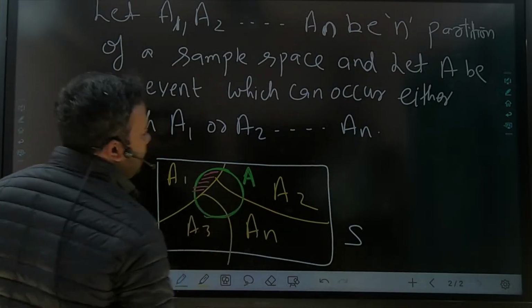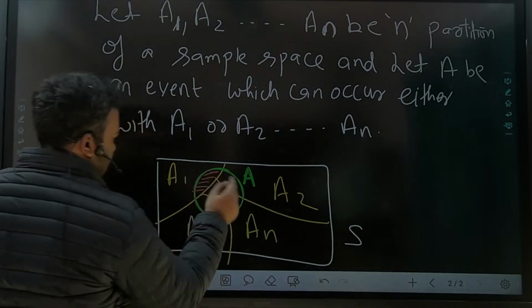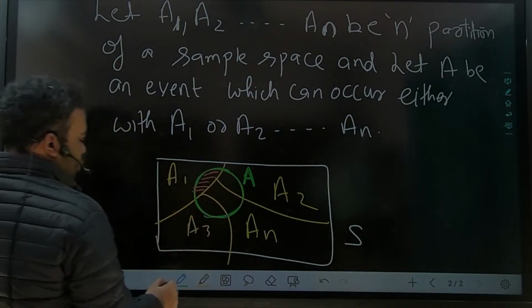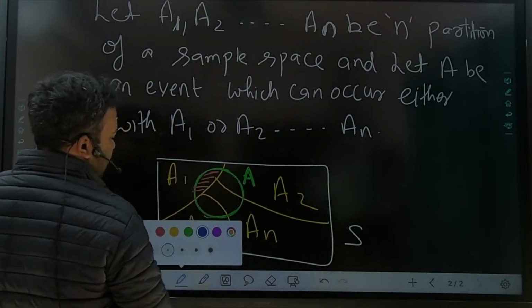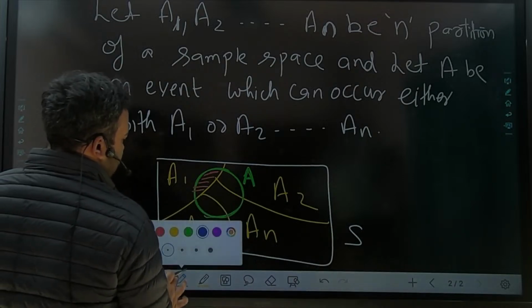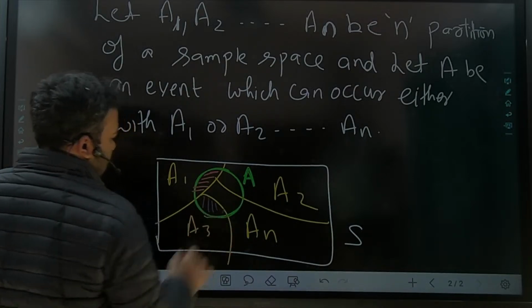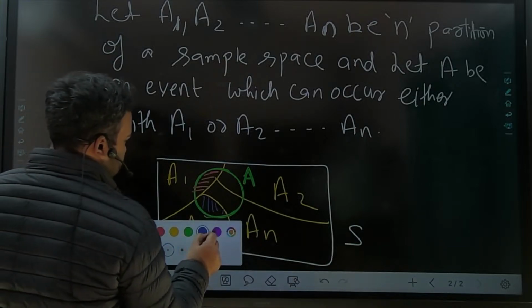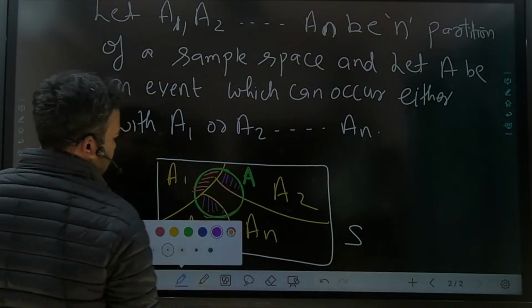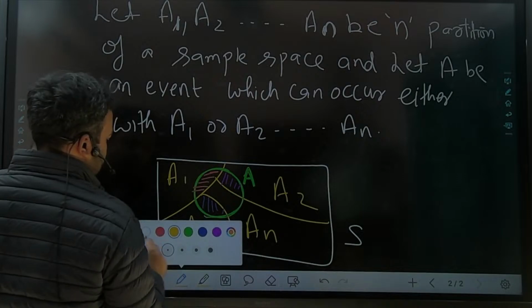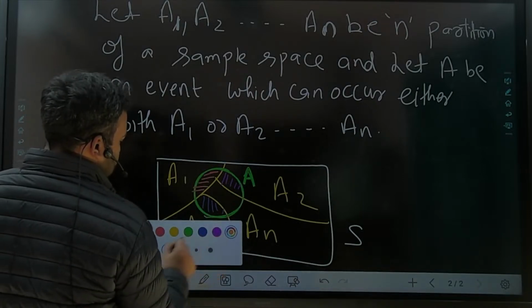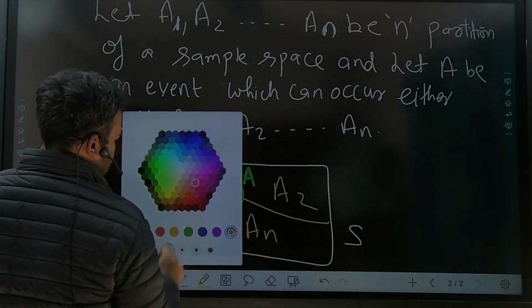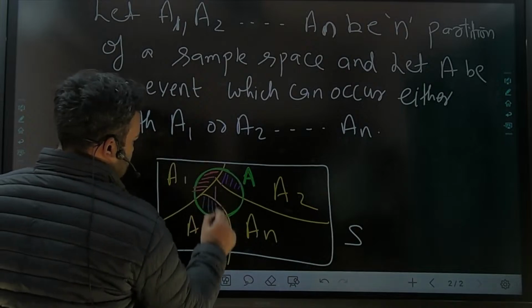Through problems we will get more understanding. So this event A is shared by A1 also, A event is shared by A3 also, this much portion, A event is shared by the A2 event also, this one, and A event also shared by this one part.